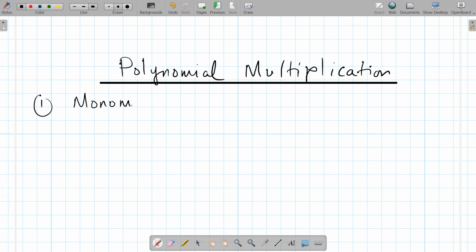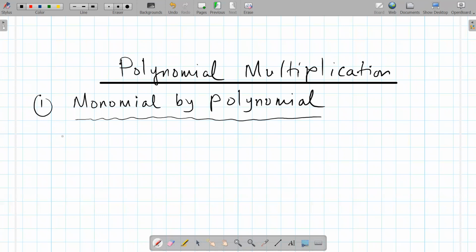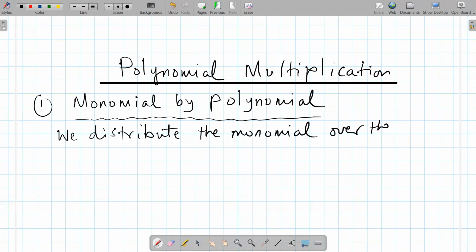A monomial by polynomial. And here what we do is we distribute the monomial over the polynomial. It's very, very simple.